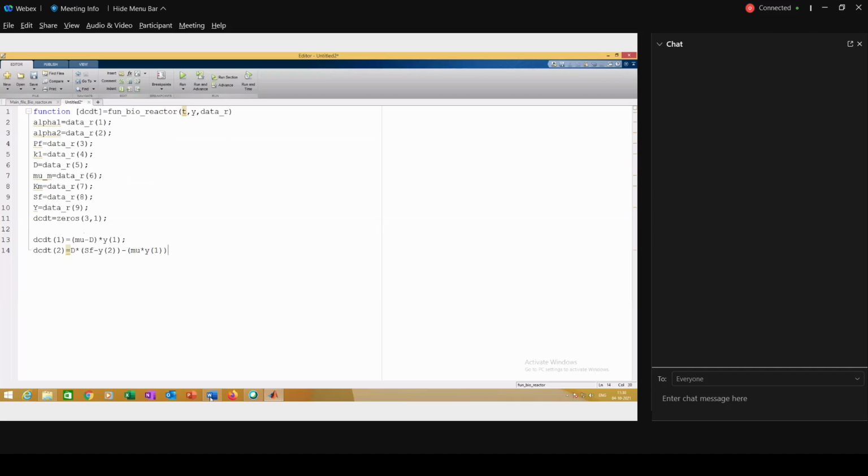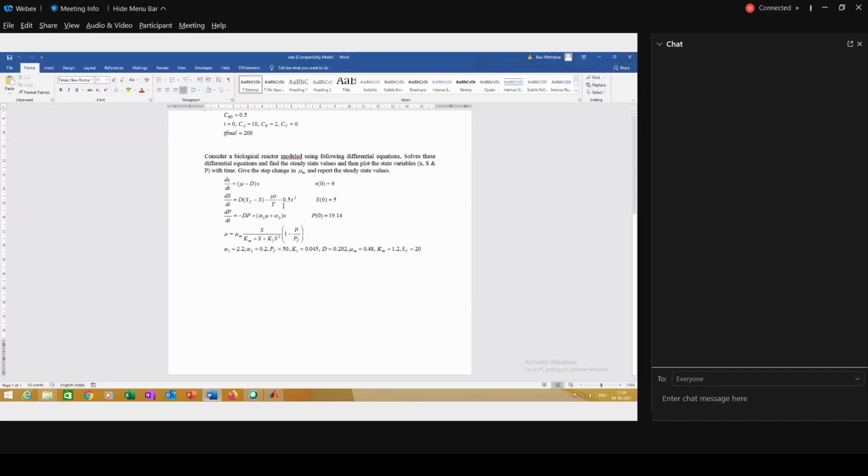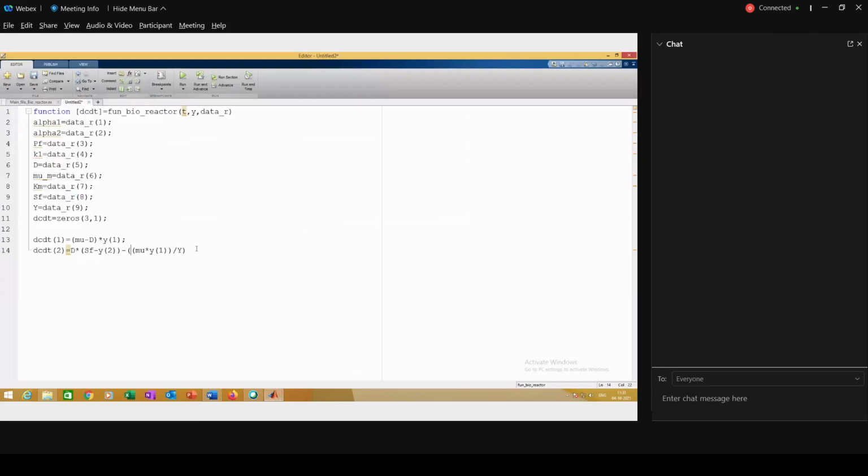I wrote these terms divided by capital Y, so I will bracket it. For the second, minus 0.5 x square, minus 0.5 into y of 1 square. This is my second term.